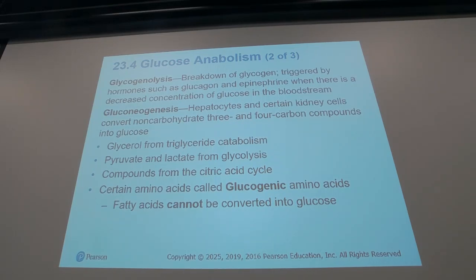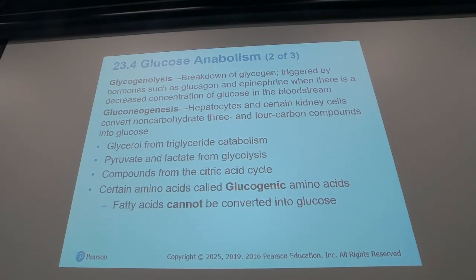Now, gluconeogenesis is actually the process, if you recall, of making glucose out of nutrients that are not glucose itself. Like, for instance, you can feed into the glycolytic cycle amino acids, you can feed lipid molecules so that you can generate glucose when your glucose levels have dropped.